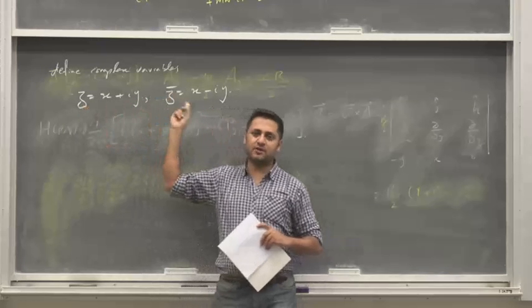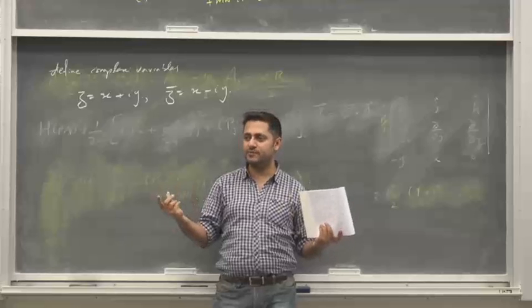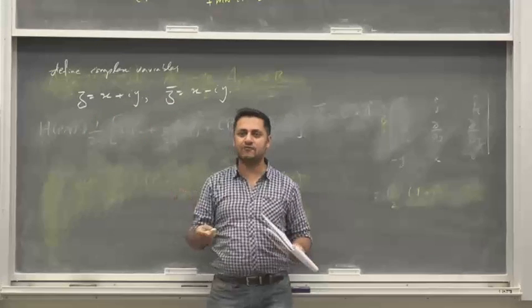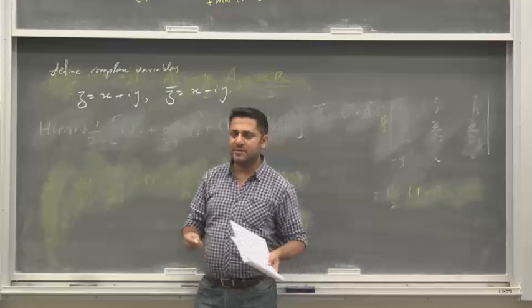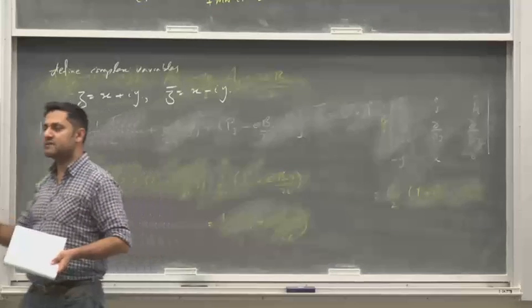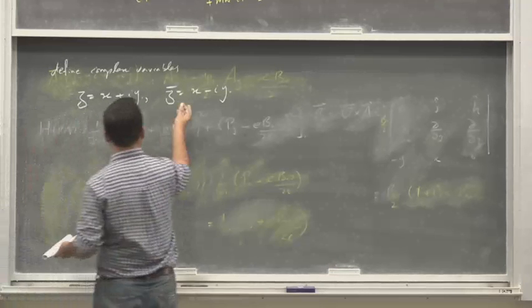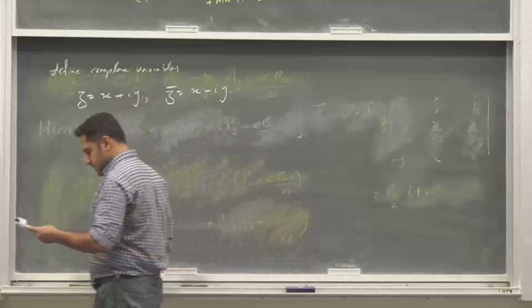Z bar gives the other combination. So z and z bar becomes two independent variables. If you know z and z bar dependence, you can disentangle and find the x and y dependence. Specifying z and z bar is as good as specifying x and y. क्योंकि इन दोनों को मैं सम करके x निकाल सकता हूँ और y निकाल सकता हूँ.